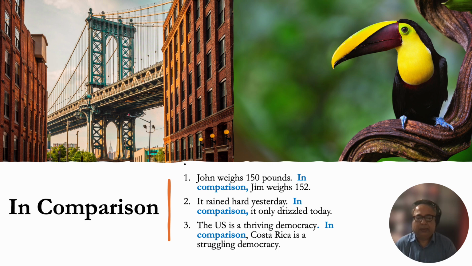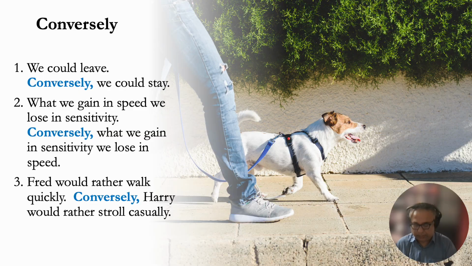Weight, right? How much John weighs and how much Jim weighs. So the topic of that sentence is weight. Okay, it rained hard yesterday. In comparison, comma, it only drizzled today. They're both about rain. All right, so I think you get a sense. Costa Rica and the US, they're both countries, but here democracy is compared. They're both democracies. And thus we use in comparison.